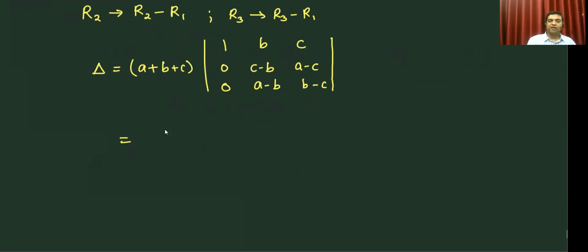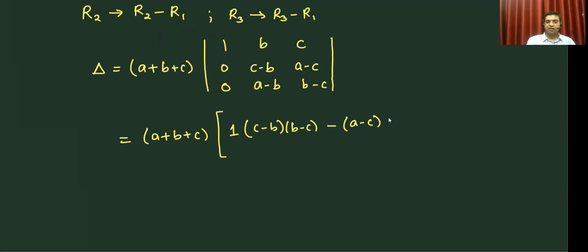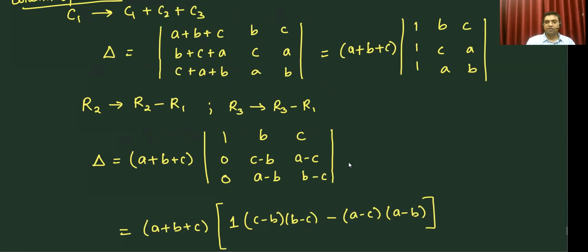So now we can expand about the first column. It becomes easy, one term only, expansion. It is 1 times C minus B into B minus C, minus A minus C into A minus B. Let us see what we get from this.